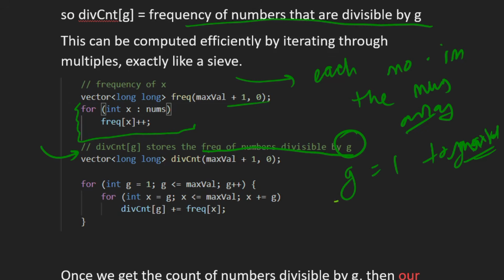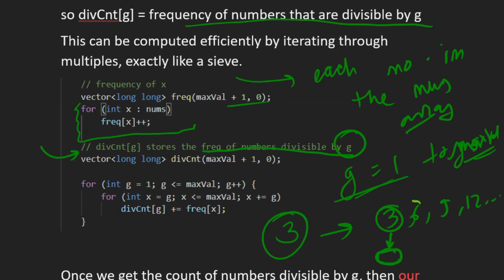Suppose we are checking 3. The numbers divisible by 3 are 3, 6, 9, 12, and so on up to the maximum value. If we take the frequency of 3, 6, 9, 12 and sum those, we get the count of numbers divisible by 3.